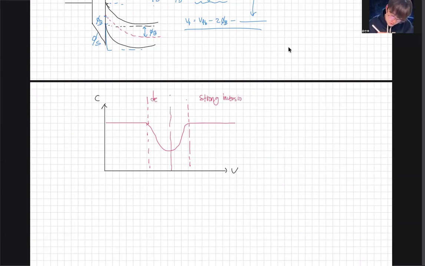And here is depletion. And here is weak inversion. First, we have to know about capacitance. Capacitance means how much charge can be stored.